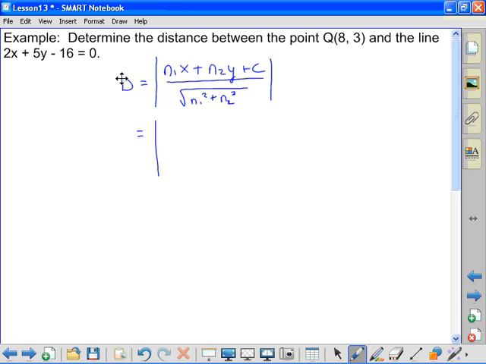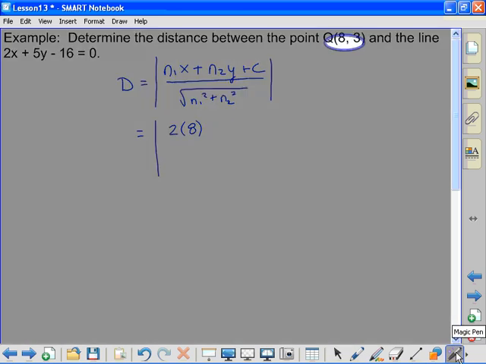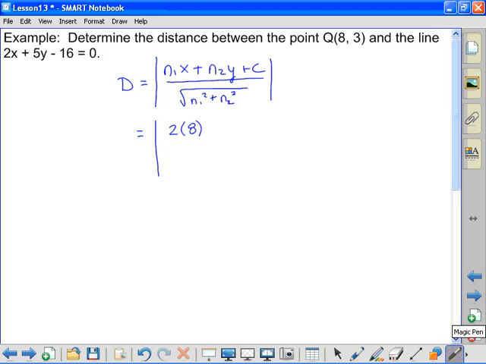So the normal. All you're doing is plugging in the values here. It's going to be 2 multiplied by the x value, 8, and I'm getting my x and y value from the given point. Plus 5 times the 3, and then minus 16. So that's your numerator.